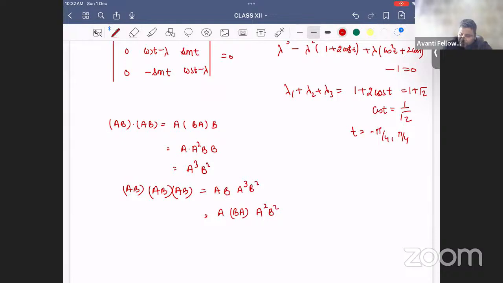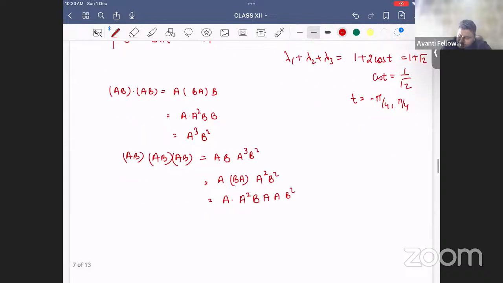This is going to be A square B, again A, again A, again B square. Again this BA is A square B, then A, then B square. This is again A square B. So totally it became A to the power 7 B.